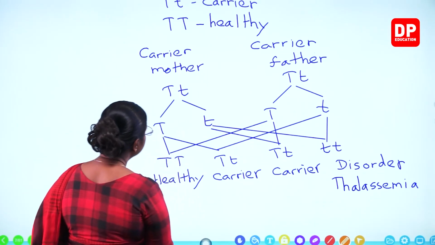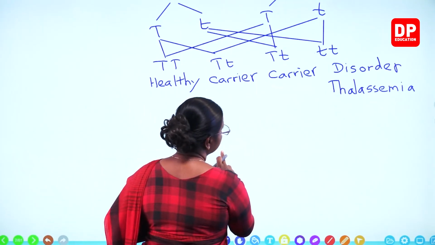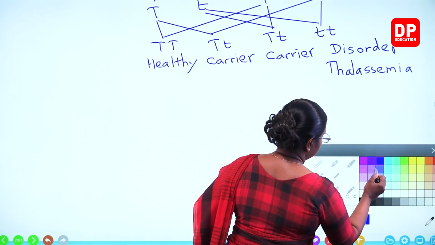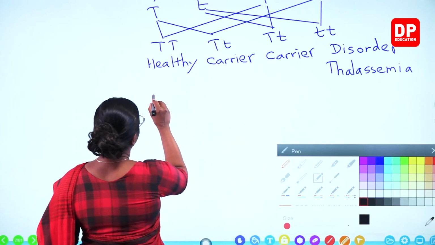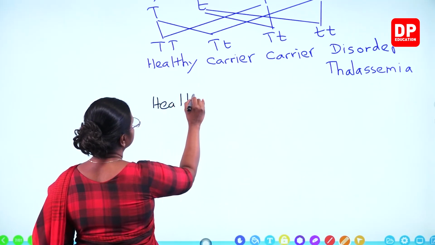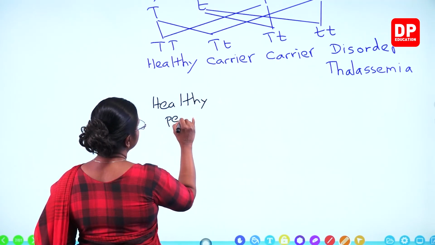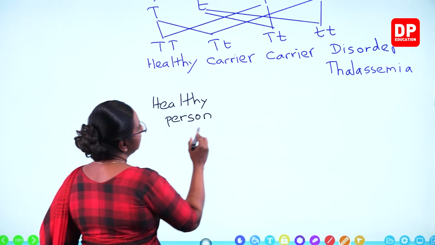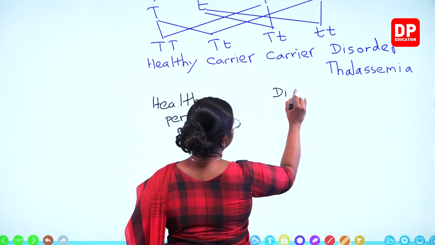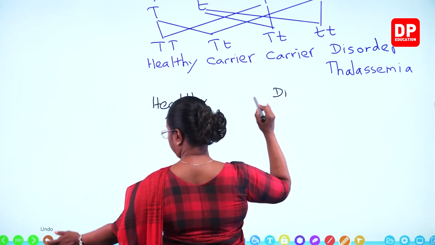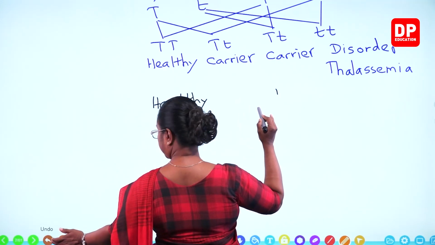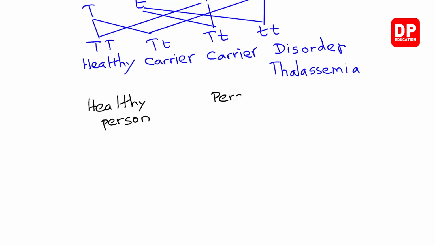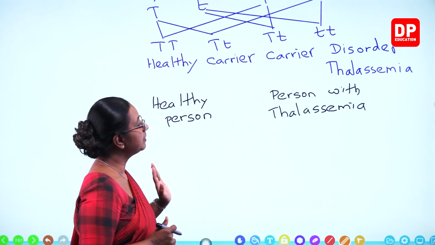So let's say if it is a healthy person, it can be the male or the female, marries a person with thalassemia.